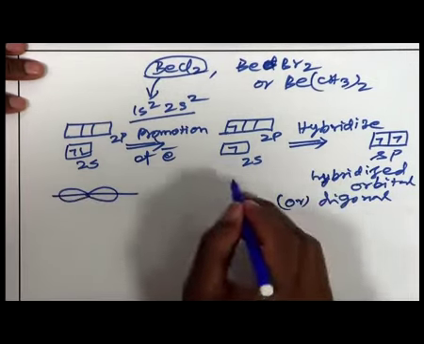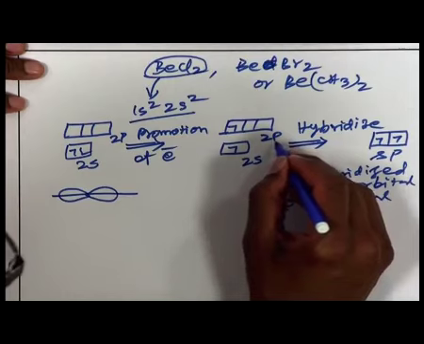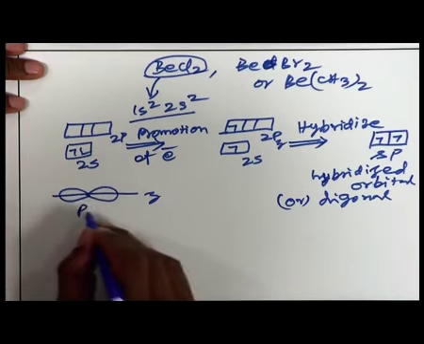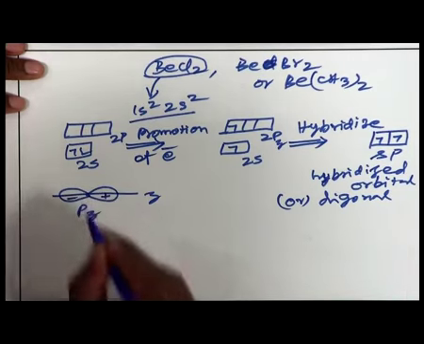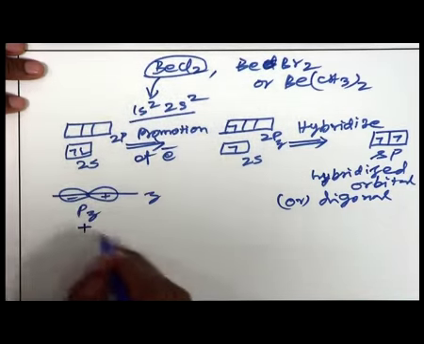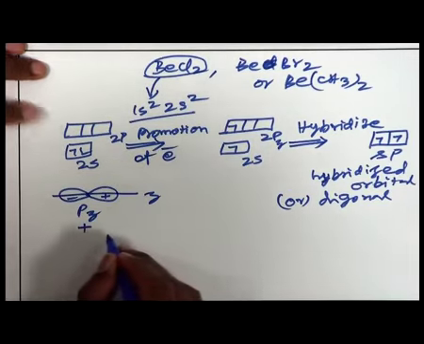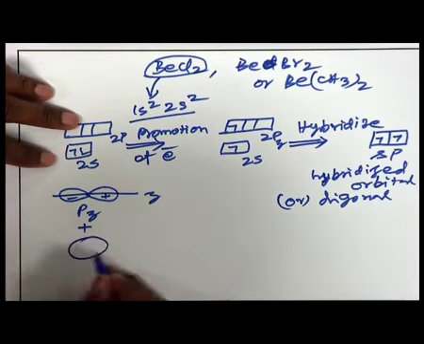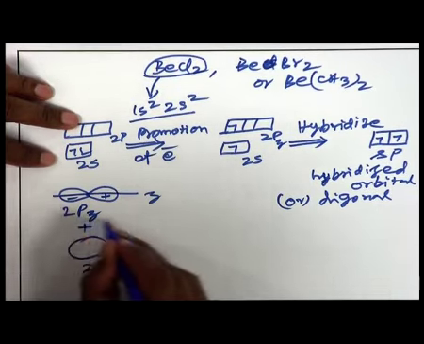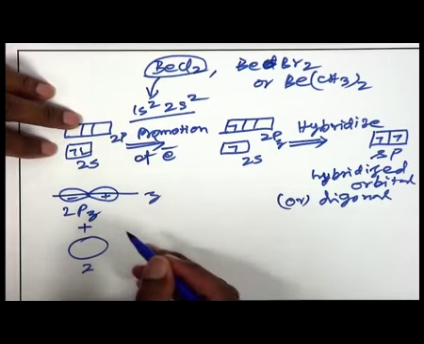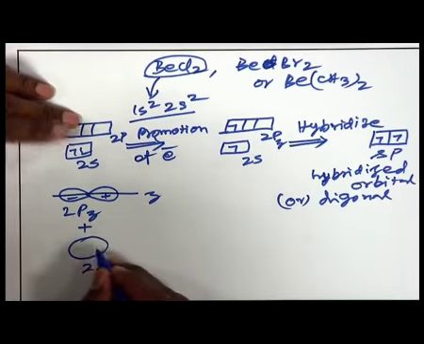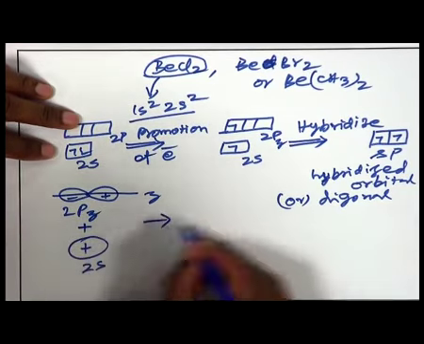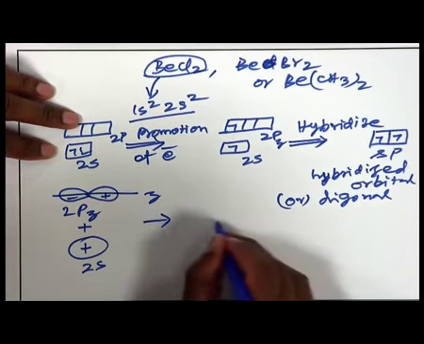The 2p orbital lies along the z axis, positive and negative, combining with the 2s orbital of the same atom. This is a 2pz orbital, and this is a 2s orbital. The 2s has a positive sign everywhere, and they can give 2 hybridized orbitals of this type.